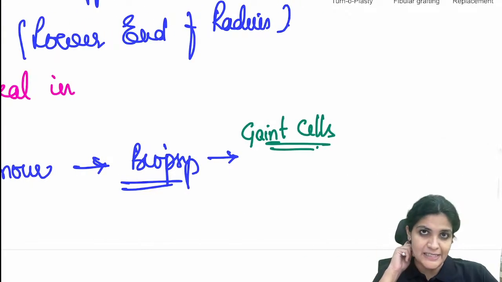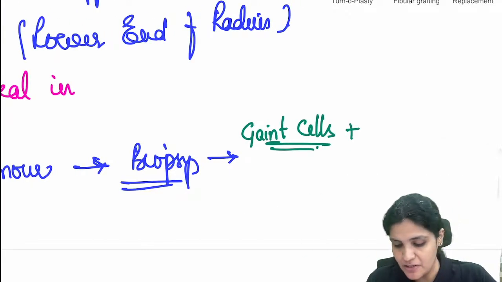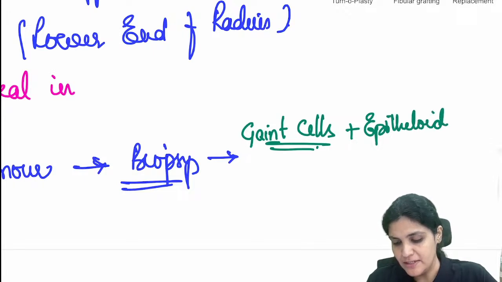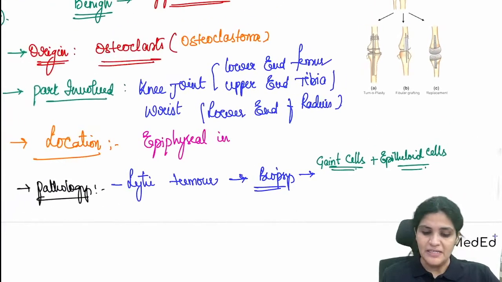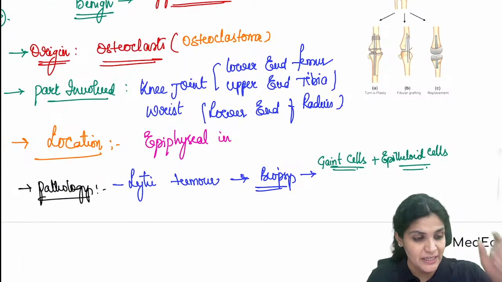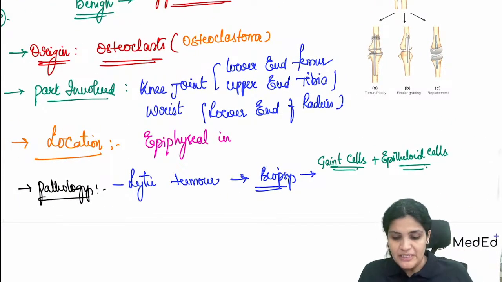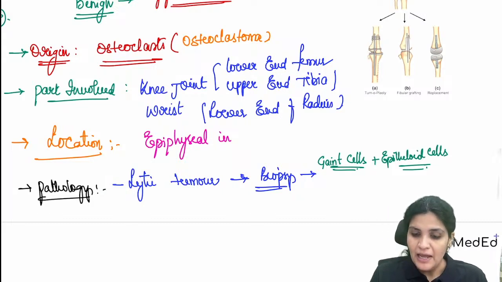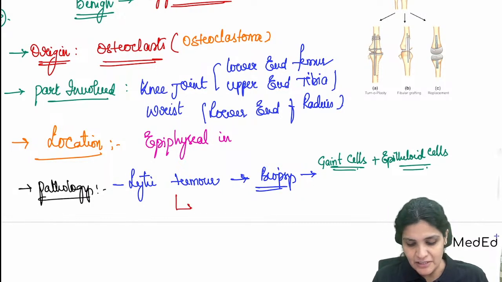Right, you see giant cells plus epithelioid cells, these are the ones which are seen. Yes, very good. So giant cells and the epithelioid cells on the biopsy, it is a lytic type of tumor, and hence because of its lysis on the X-ray, it is seen as what?